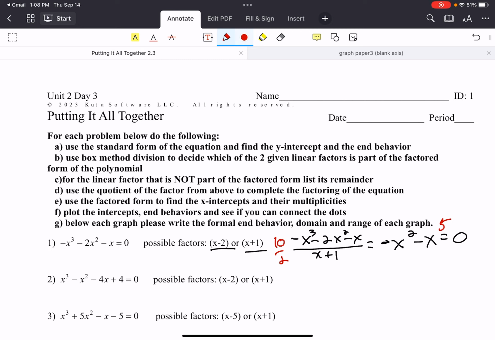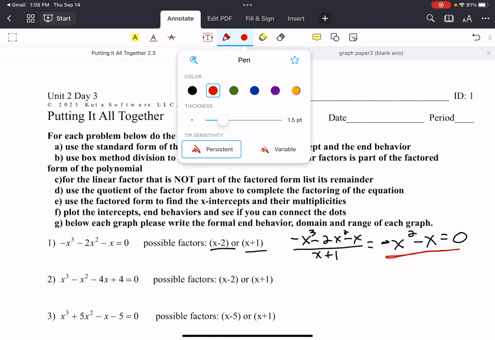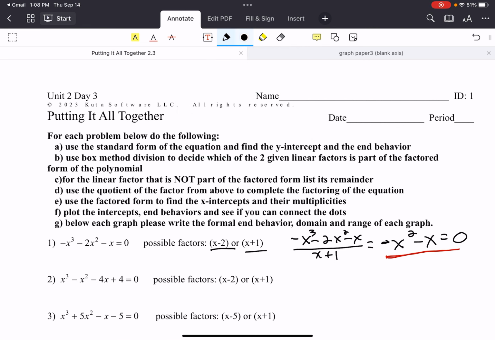If I had given you just this and asked you to factor that, could you? Heck yeah, you better, right? That's what we spent all last unit, and we spent 3 months last year, right? What would I do first?